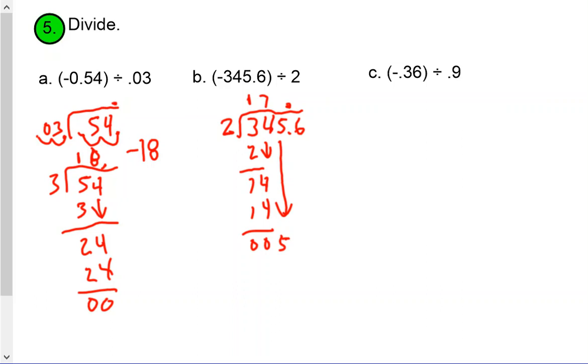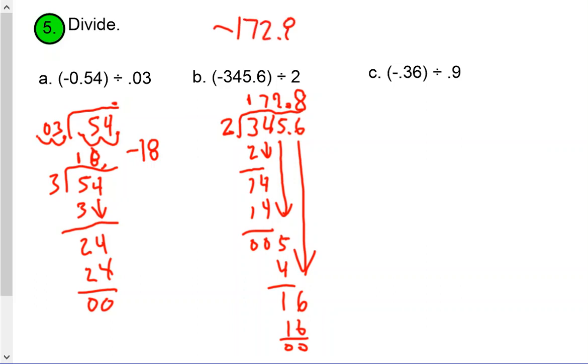It goes in 2 times. Now that would be 4. Left with 1. Bring down the 6. 2 goes into 16 8 times. That would be 16. And we're zeroed out. So our answer would be a negative 172 8/10.